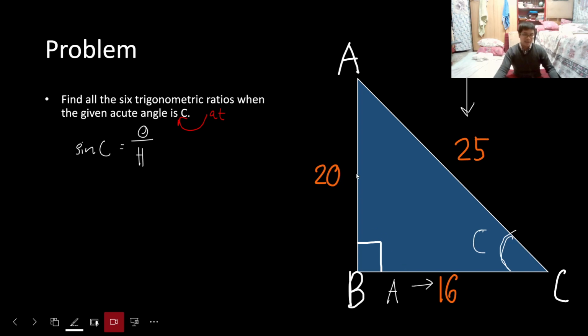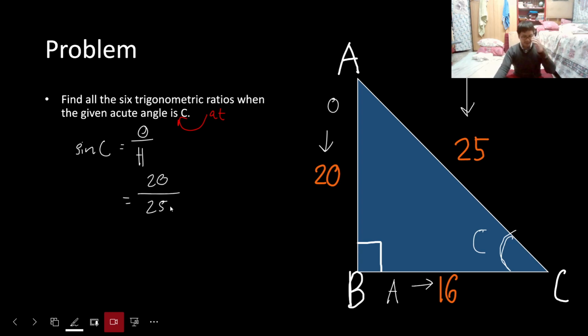And 20, on the other hand, is not beside that acute angle, because the acute angle is here. So therefore, 20 is your opposite. Your opposite side is 20 units long, all over your hypotenuse, which is 25 units long.